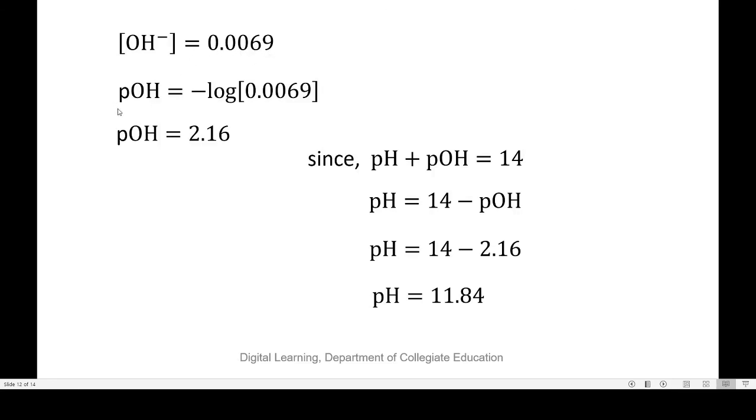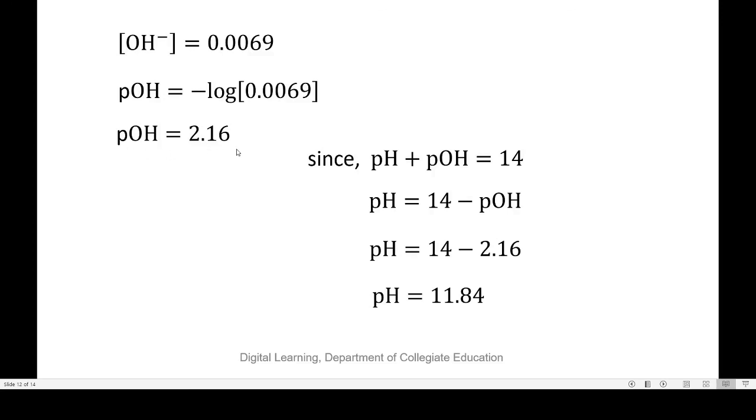Now we can calculate pOH, which is equal to negative logarithm of hydroxyl ion concentration. So log of 0.0069 will be equal to minus 2.16. Minus into minus plus, so pOH is equal to 2.16. So in this case, the resulting solution will have more hydroxyl ion concentration.